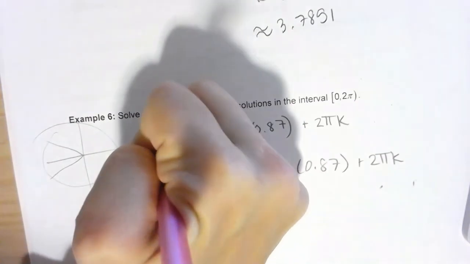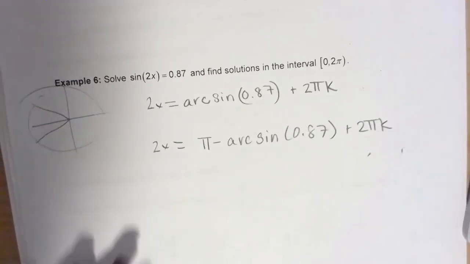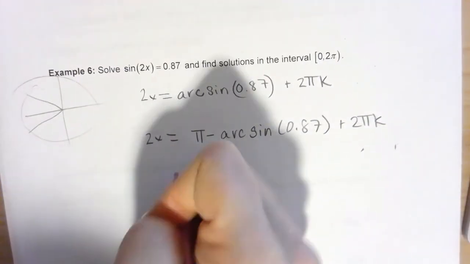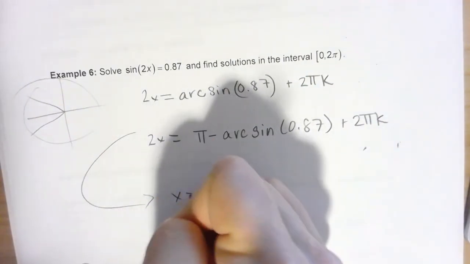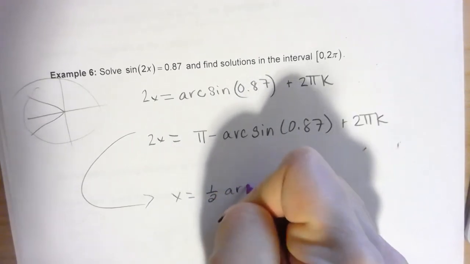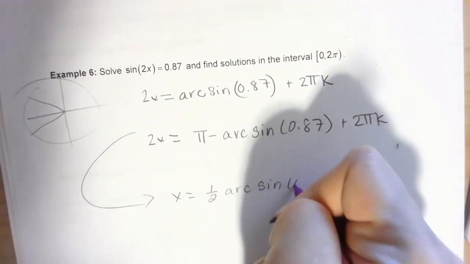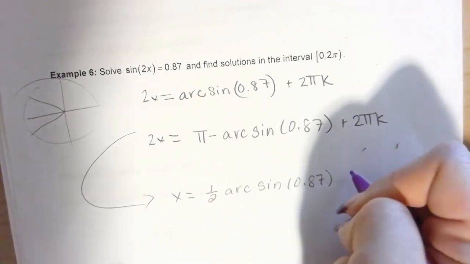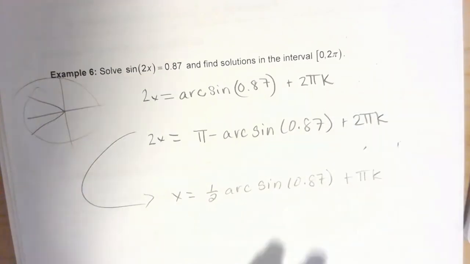Now 2x should equal this. So how do you get rid of the 2? We have to divide by 2. So in the first one here, we get x equals 1/2 arc sine of 0.87 plus pi k.